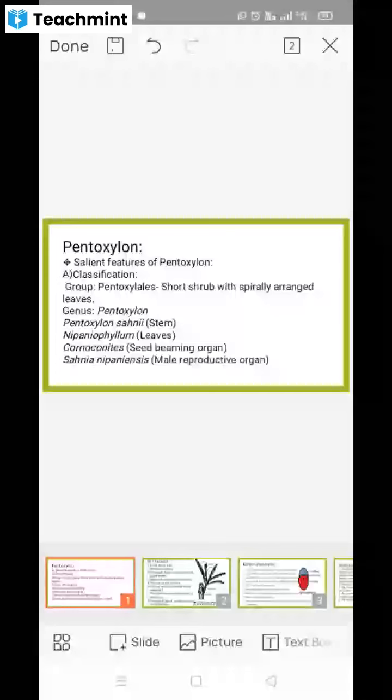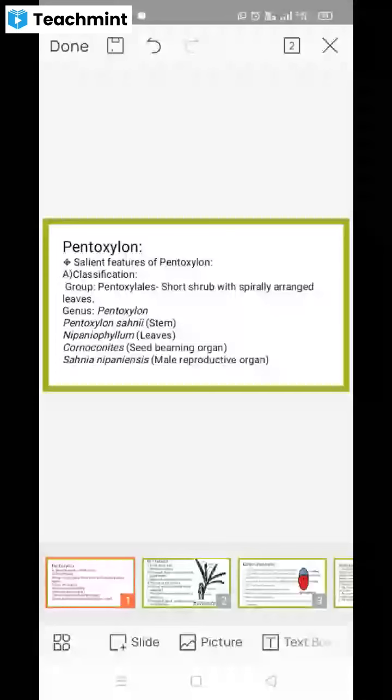In this Pentoxylon, there are different names for the different fossils, like Lyssinopteris. Here the stem fossil is named Pentoxylon sahnii. The next, the leaf fossil, is known as Nipaniophyllum.